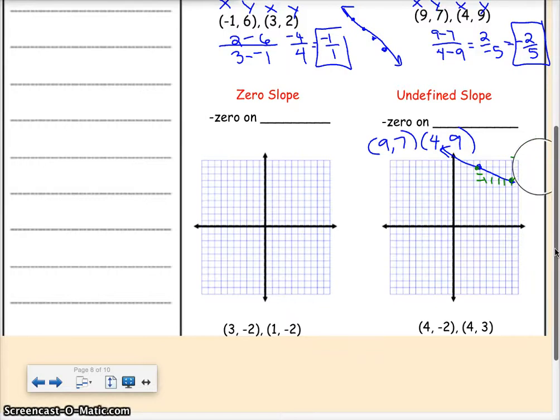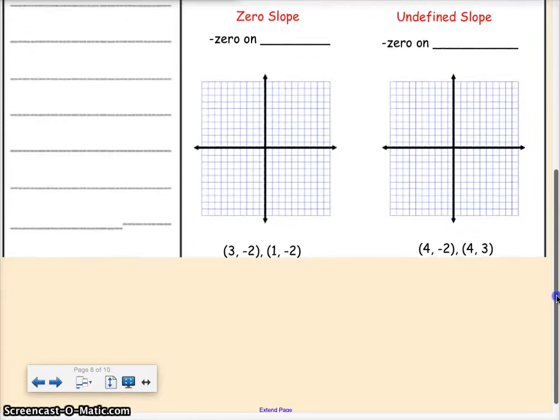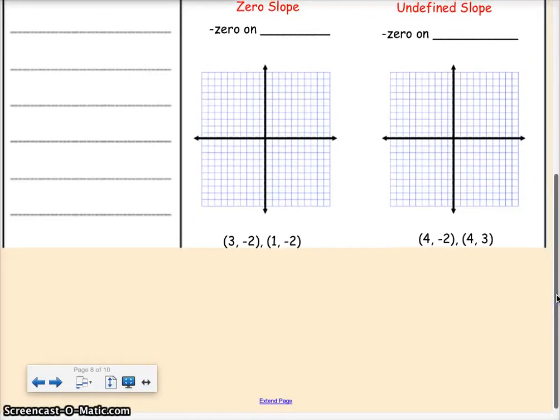Now, you are going to have special slopes in there too today. Special slopes are the horizontal, 0, and the vertical, undefined. Okay? And I'm going to show you. Let's plot. I want you to plot these points on your coordinate plane, both sets of these, and tell me if it's a 0 or undefined slope.